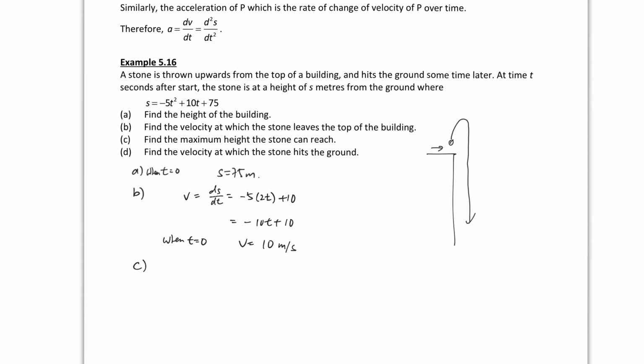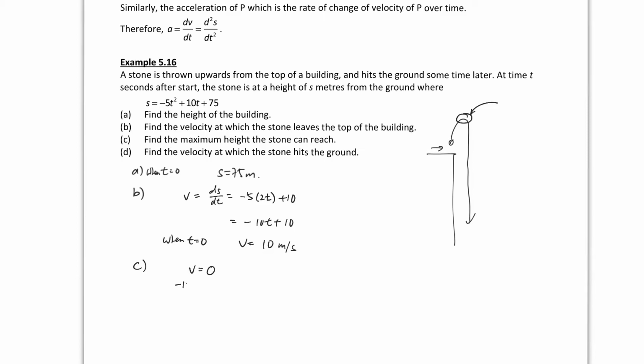Part C. What is the maximum height the stone can reach? If you want to find the maximum height, what is special when the stone is at the top? If you know physics, the velocity is equal to 0.